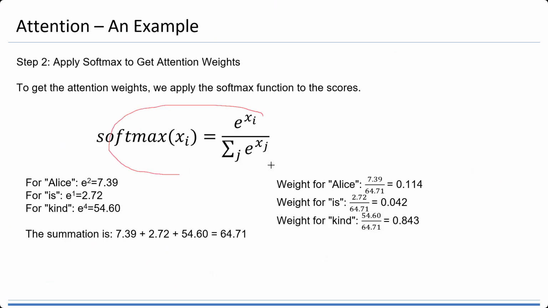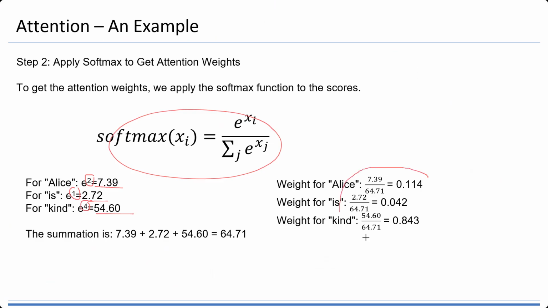After you have the softmax, because Alice is 2, is is 1, and kind is 4, we can get the values 7.39, 2.72, and then 54.60.